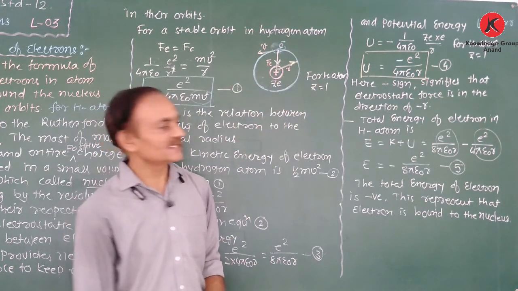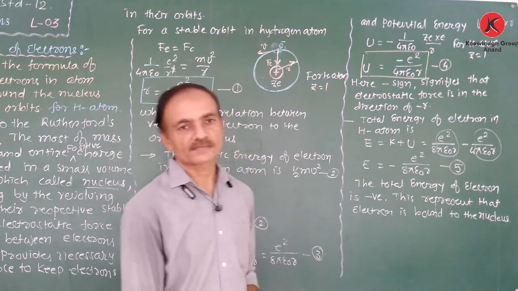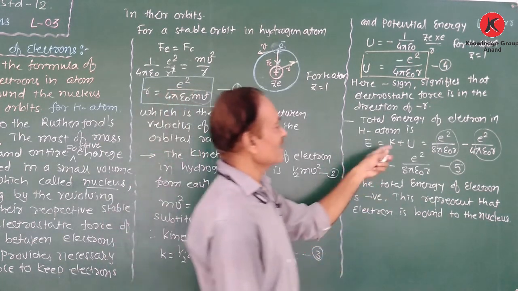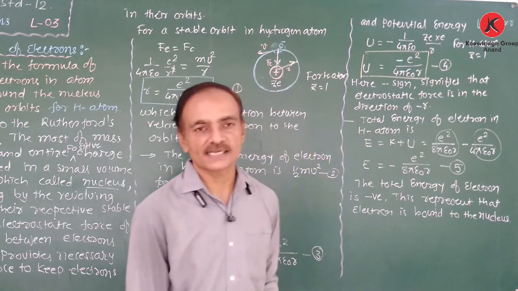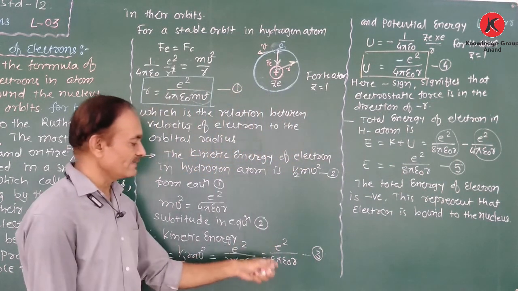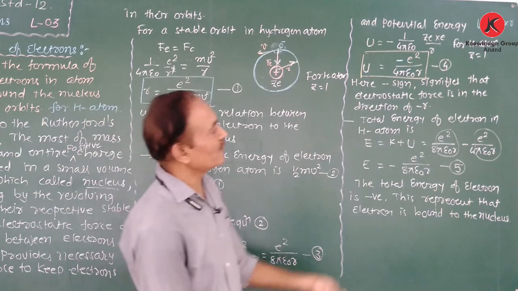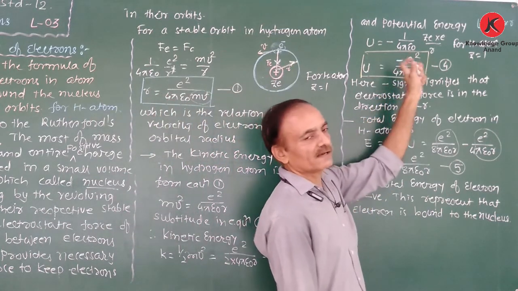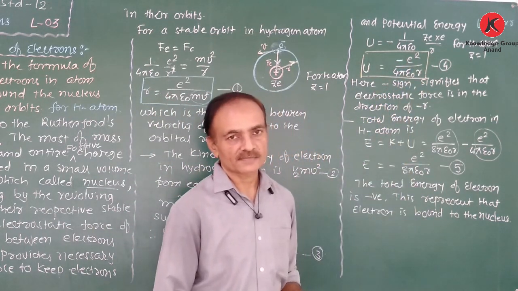Now the total energy of the electron in hydrogen atom is the addition of kinetic energy and potential energy. Kinetic energy is e square upon 8 pi epsilon 0 r and potential energy is minus e square upon 4 pi epsilon 0 r.